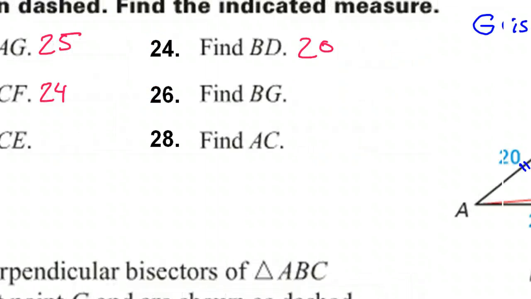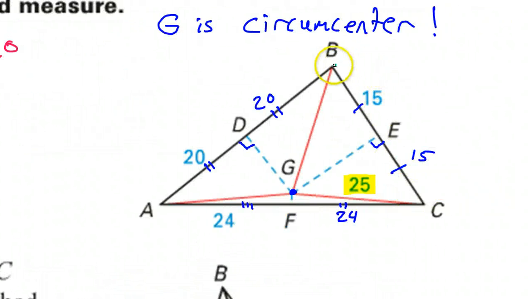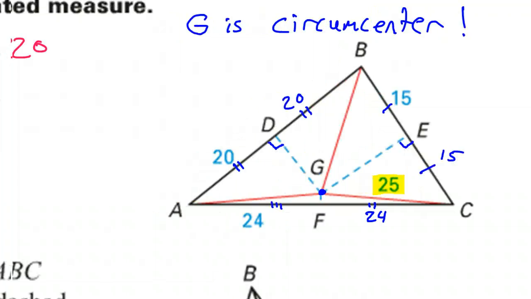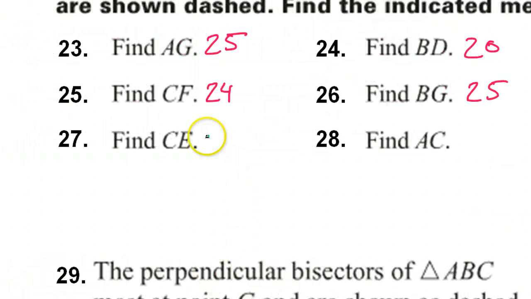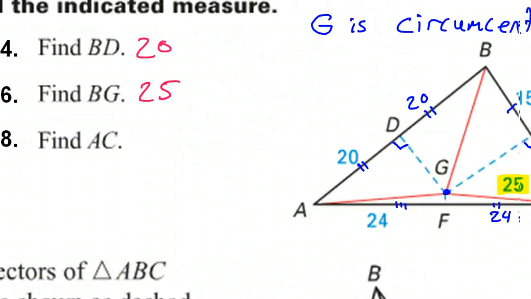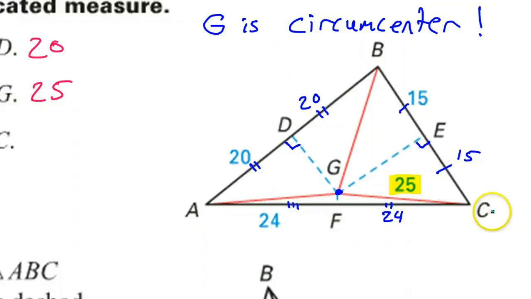What about BG? BG is yet another one of these red lines, and if one of them is 25, then all of them are 25. So BG is 25. What about CE? CE is 15. Again, E is a midpoint. If that's 15, then this is 15.